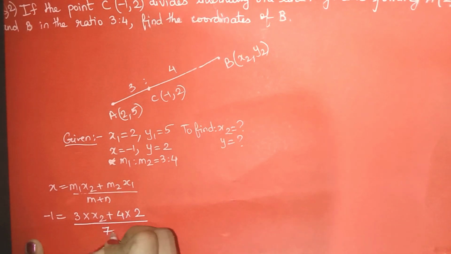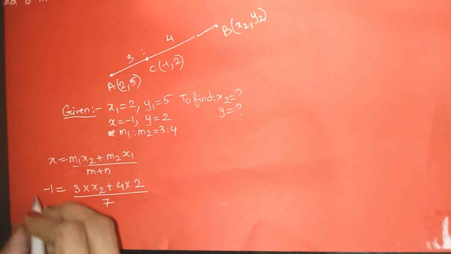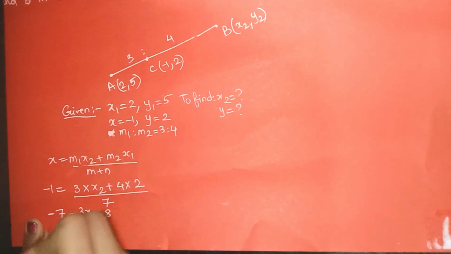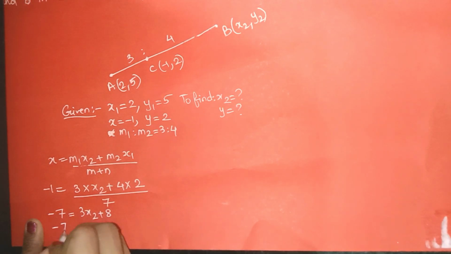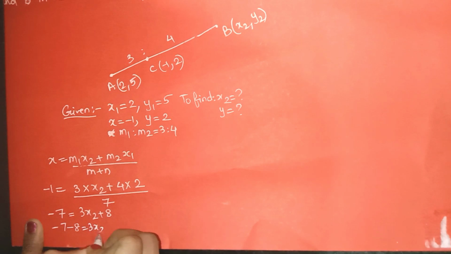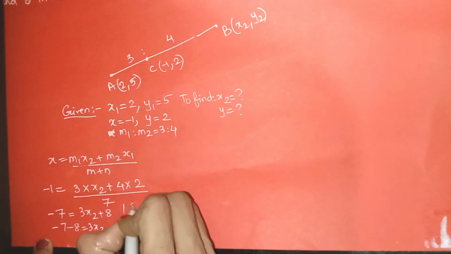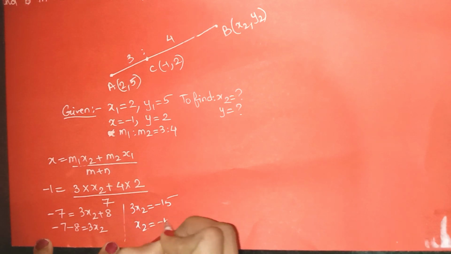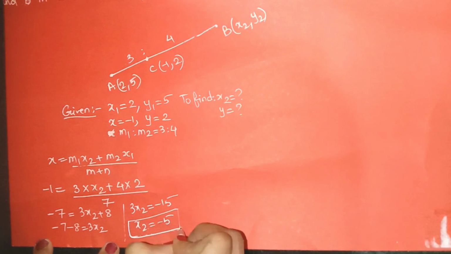Yes, divided by 7. 3 plus 4 is 7. Let me bring the 7 to the other side. I'll get minus 7 is 3x2 plus 8. I can bring the 8 to the other side. So minus 7 minus 8 is 3x2, which means 3x2 is minus 15 and x2 is minus 5. See, so easily we got the answer.